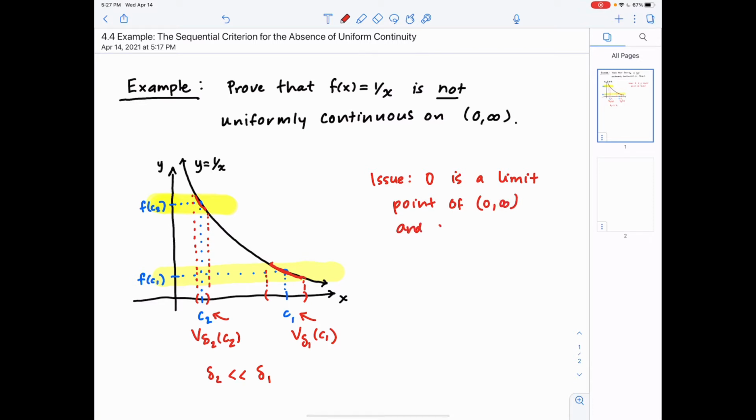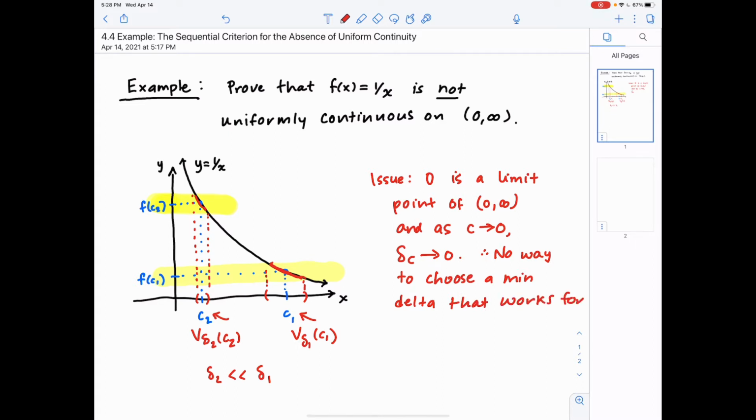And as C goes to 0, the corresponding delta C is going to have to go to 0 as well. Therefore, there's no way to pick a minimum delta that works for all C at once.